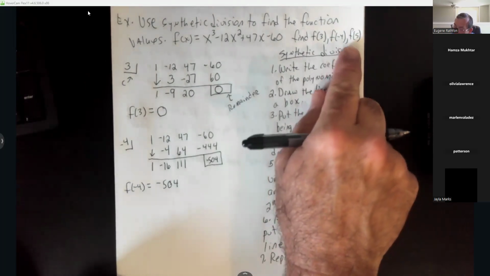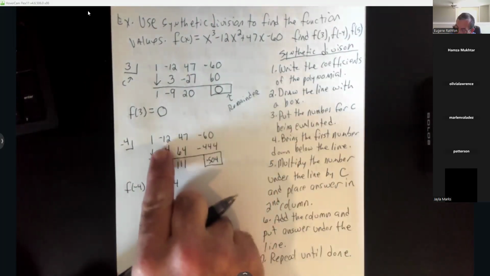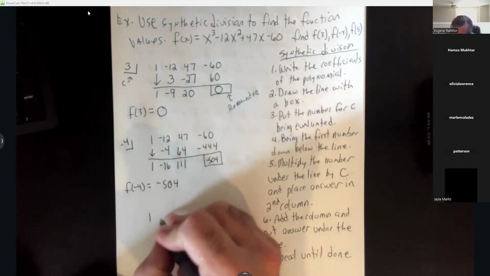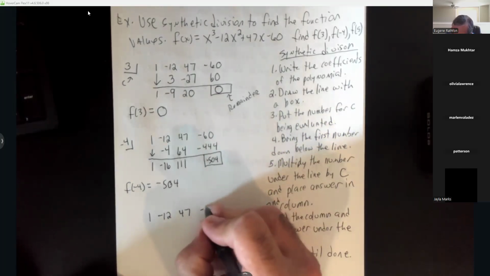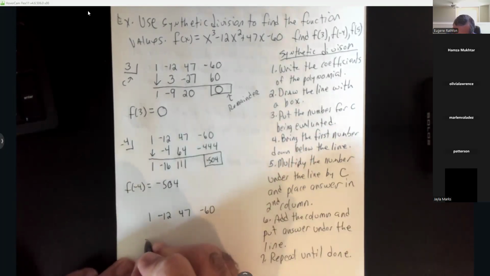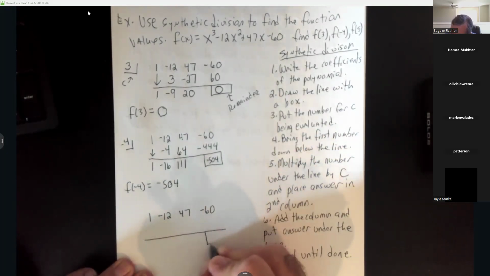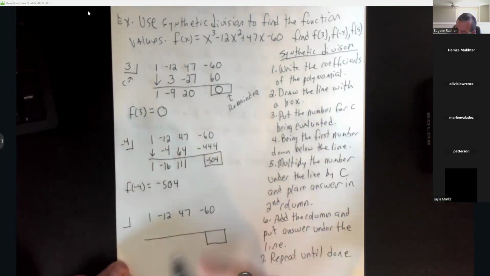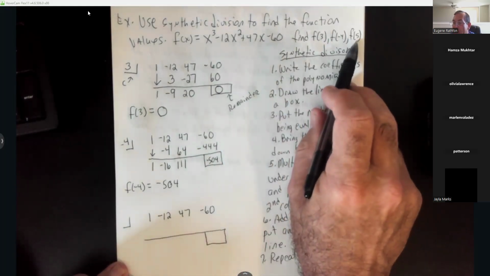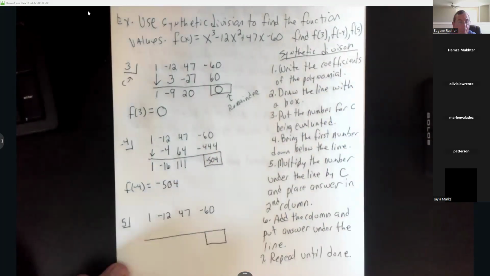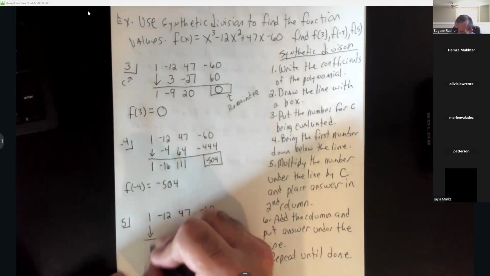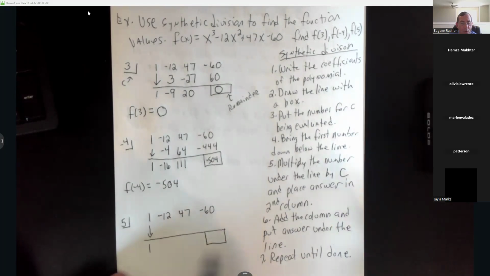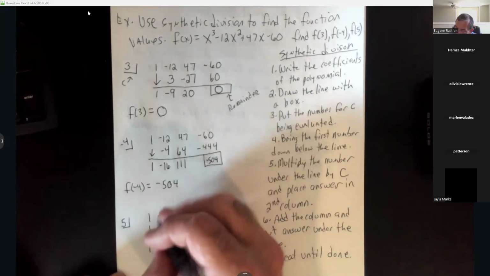All right, y'all, then we had one more. We had to find f of 5. So the coefficients are the same. 1, negative 12, 47, negative 60. I'm going to draw my box. And this time we said C was a positive 5. Alrighty, y'all, so here we go. Bring the 1 down below the line. And then we're just going to start multiplying and adding until we get our remainder. So 1 times 5 is 5.